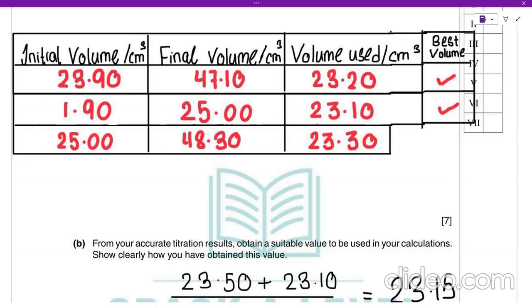This table is made horizontally, but we can also make it vertically as I showed you in the revision guide. One point to note here is that you have to keep the other result, which is non-concordant, as 23.50, and it should have more than 0.1 cm³ difference.